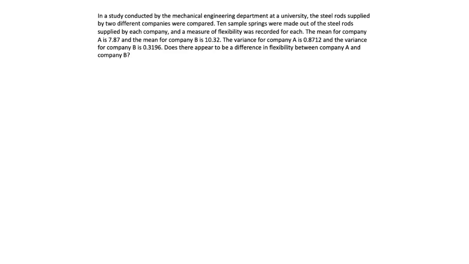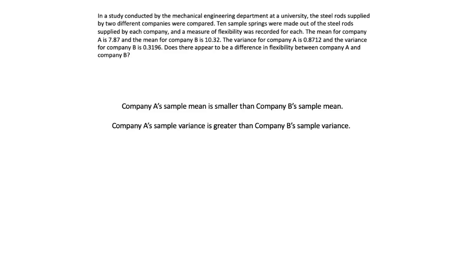Does there appear to be a difference in flexibility between the two companies? Well, in order to answer that, we have to compare the sample means and the sample variances. Notice that Company A's sample mean is smaller than Company B's, and Company A's sample variance is greater than Company B's. So there does indeed appear to be a difference in flexibility.